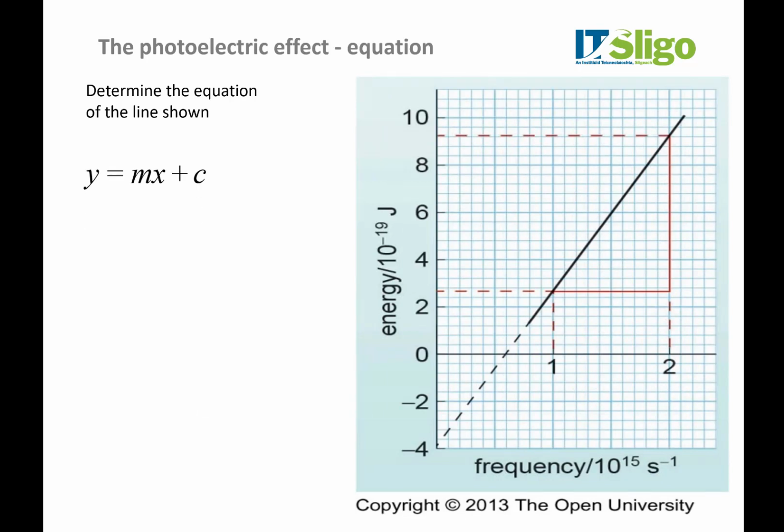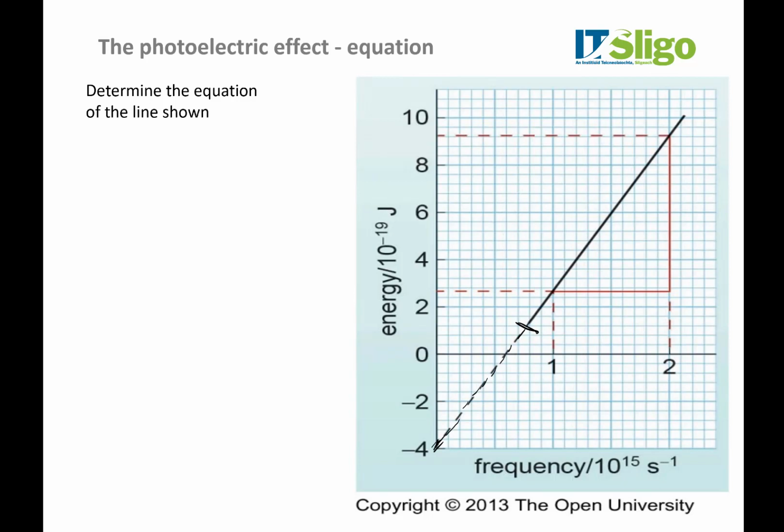And now we want to determine the equation. So we've extrapolated, even though our data only brought us down to here, we get a ruler and we continue the line until we find where it cuts the y-axis. We're looking for C. Where does the line cut the vertical axis? Often you have to extrapolate your data.